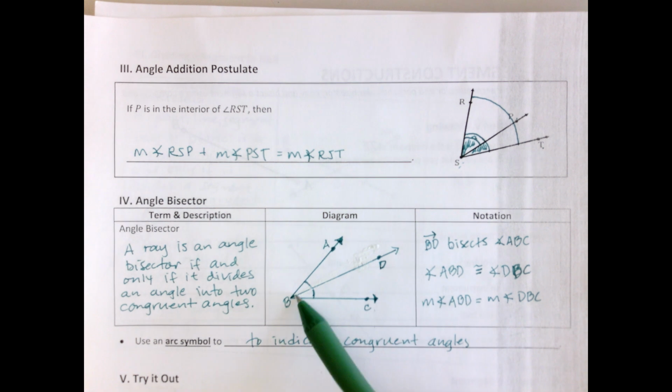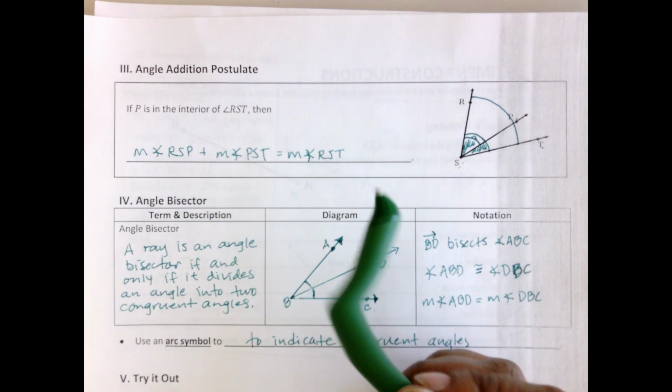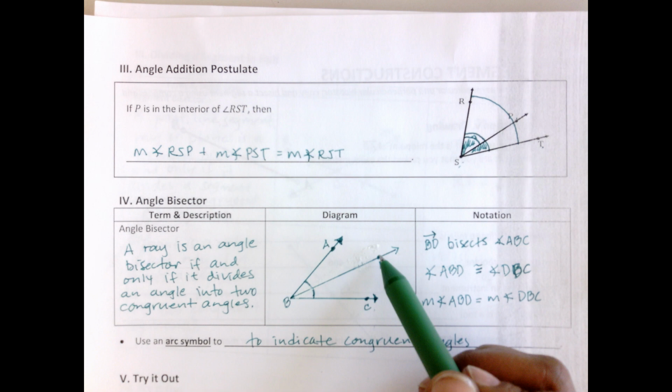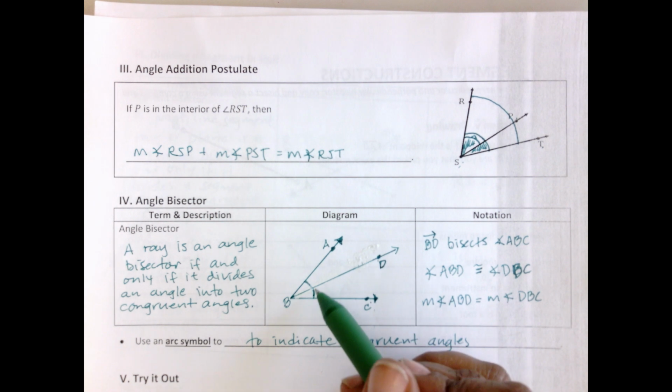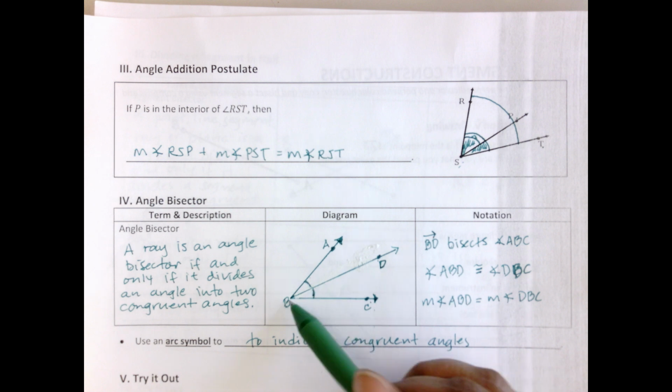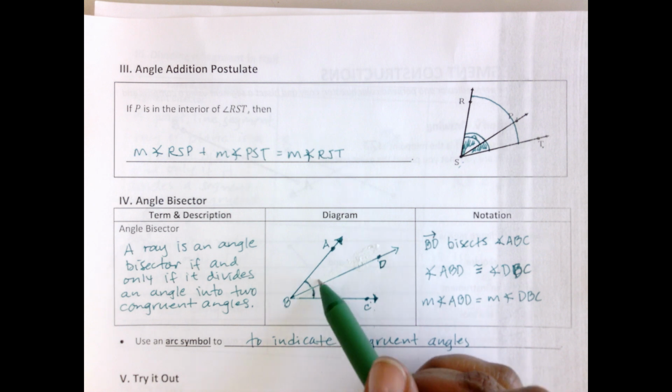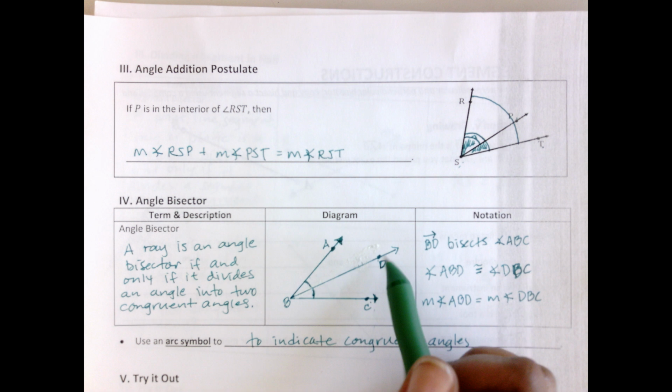So we can call this an angle bisector if we notice that angle ABD and angle DBC have the same angle measure. And because they have the same number of arc marks, we can determine that these are the same value. So because this ray split it into two congruent parts, this ray BD is in fact an angle bisector.